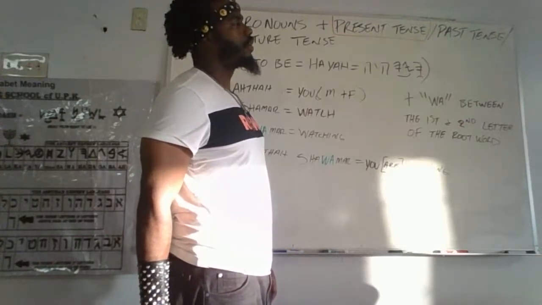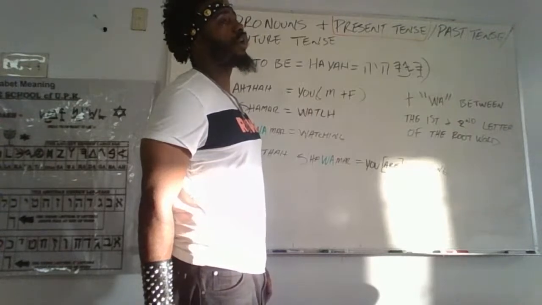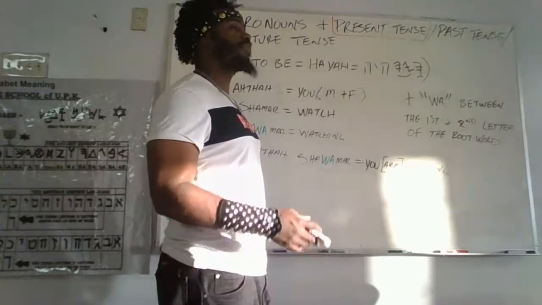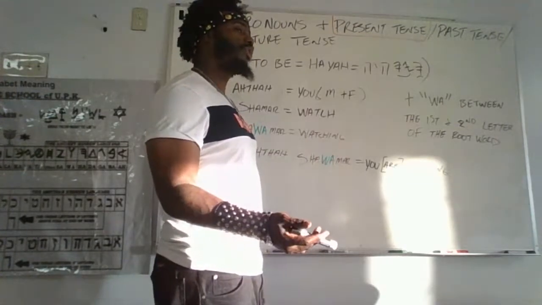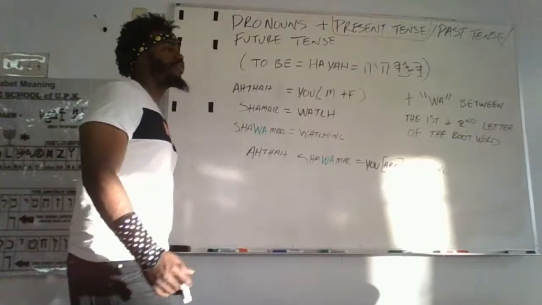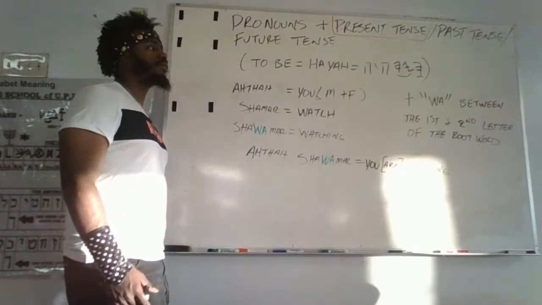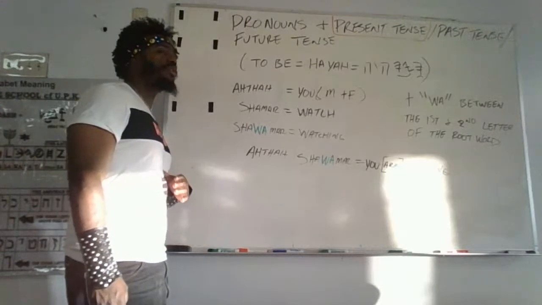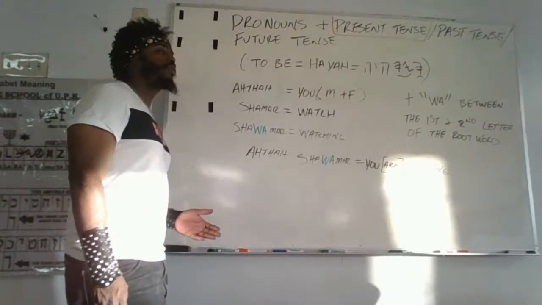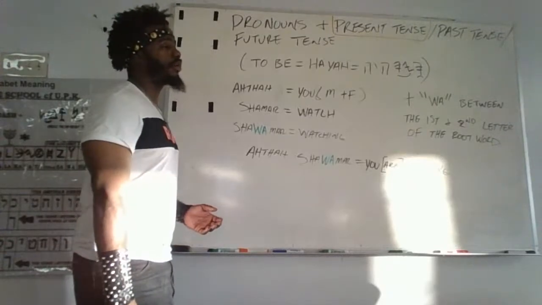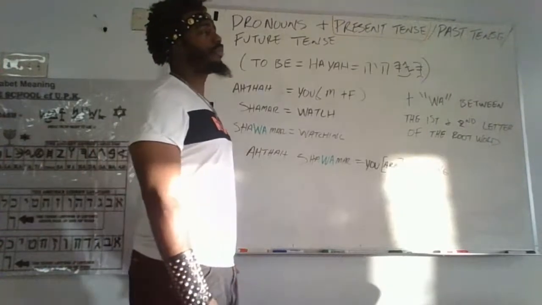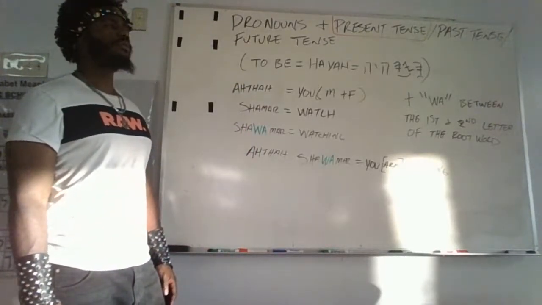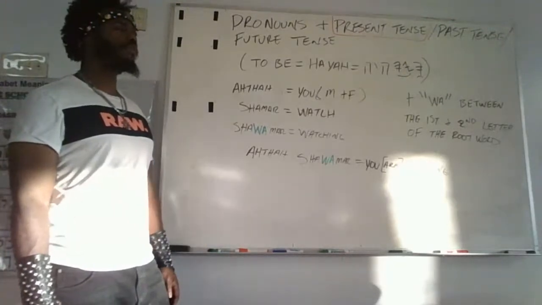Yeah, prime example: Dabar means word, but Amar can also mean word, though in context it means speak or speech. So there are different words that have the same contextual meanings, but it all depends on the context of how it's used. There are like four different words for lion in the Hebrew. Ariyah is one of them.